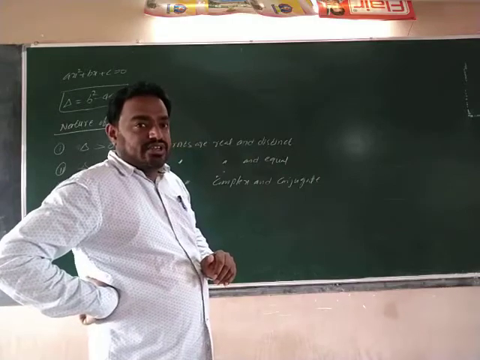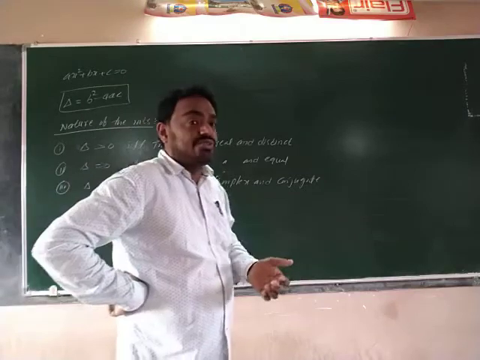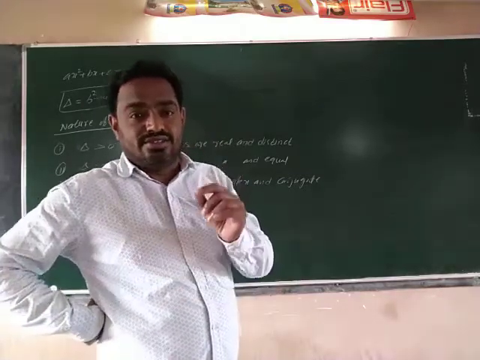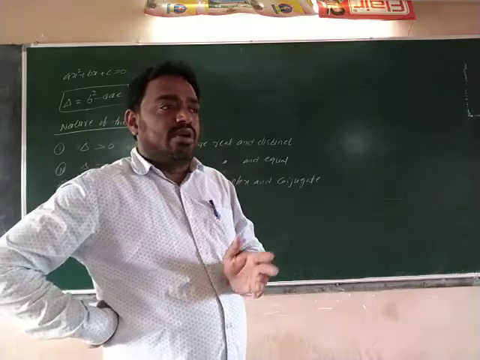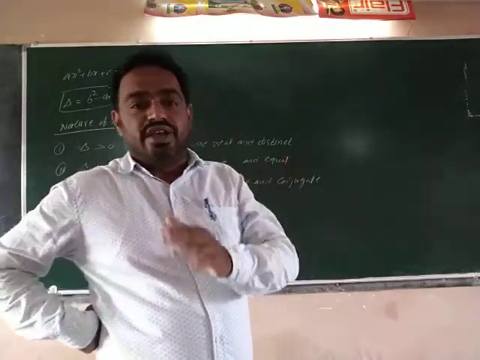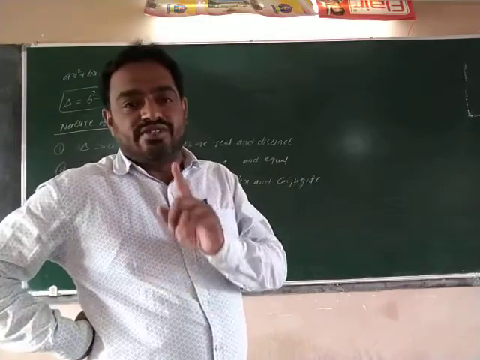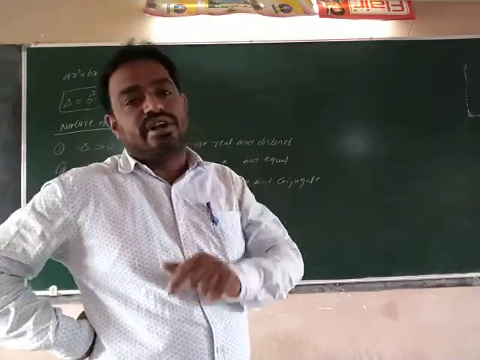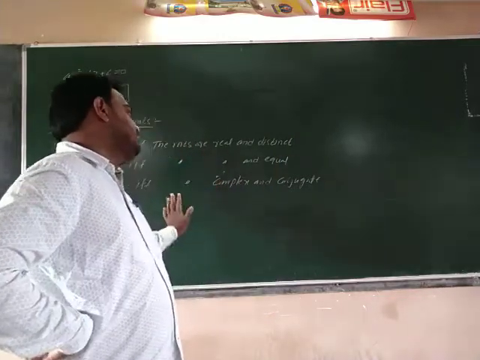If delta is not a perfect square, we get surds, for example in the form a plus root b. If a plus root b is one of the roots, definitely a minus root b is the other root. So you have to remember these things.